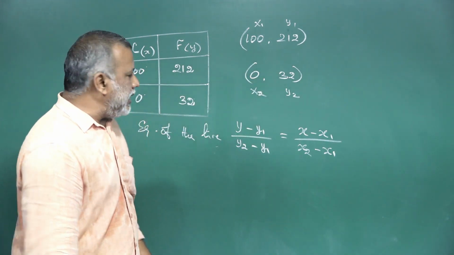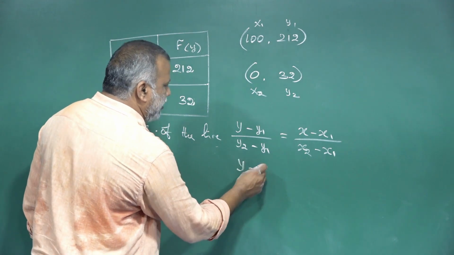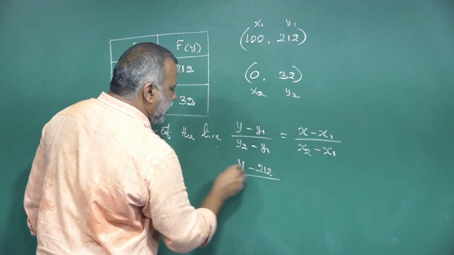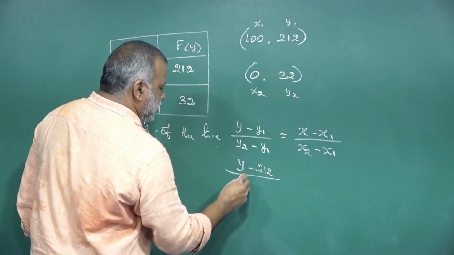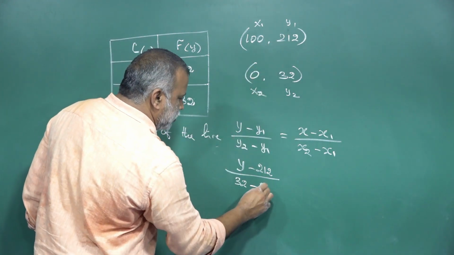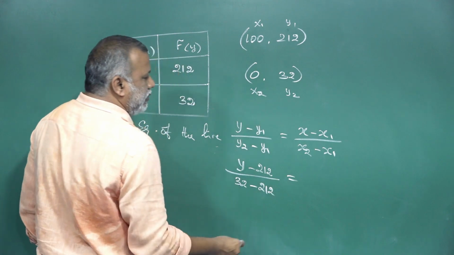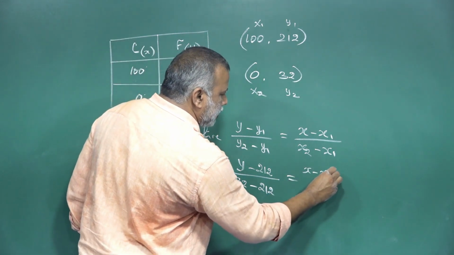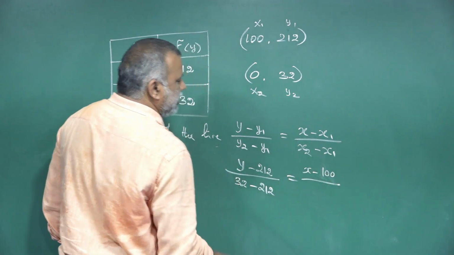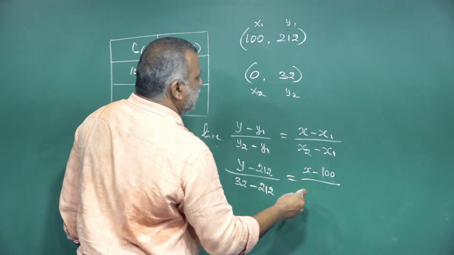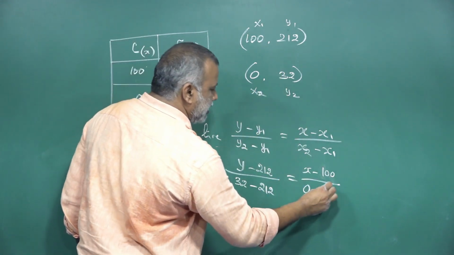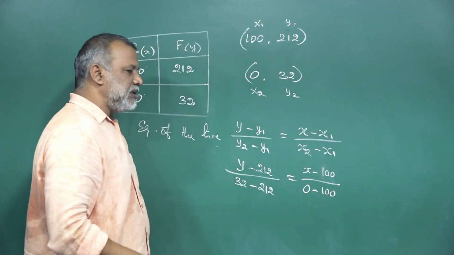We are able to substitute and simplify. y minus y1, what is the value of y1 here? 212, divided by y2, y2 is 32, minus y1 is 212. That is equal to x minus x1, that means x1 value is 100, divided by x2, x2 equal to 0 minus x1, once again 100. So substitute the data clearly.